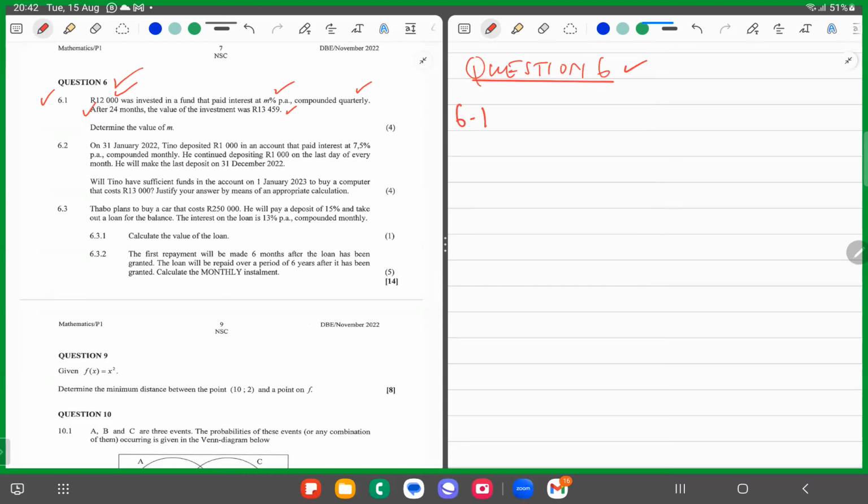Now, normally in finance, it helps to write down some data, some given information. Right, so we always say A equals, P equals, I equals, N equals.